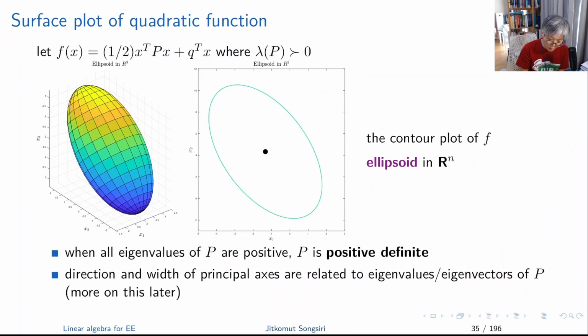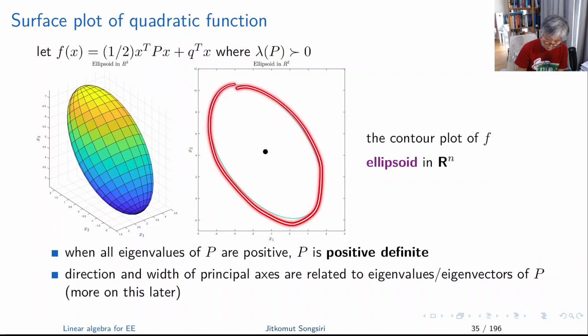Let me just plot that. First of all, I assume a matrix P whose eigenvalues are all positive. The plot of this quadratic function in R3 is going to be an ellipsoid, like a rugby ball, and in R2 it is an ellipse, a kind of oval shape.